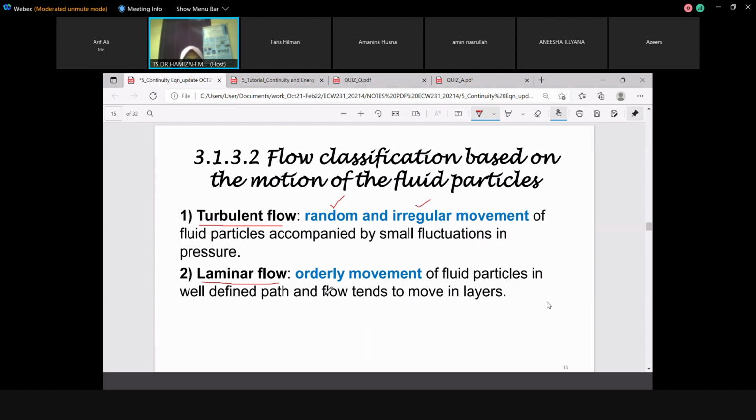Maksudnya bila dia flow tu dia punya wavelength sama, size, velocity also is the same. Okay, and then it can be defined path and flow tend to move in layer. Okay, so sebelum ni you belajar kan, bila ada boundary, dia akan follow the velocity of the boundary. So the velocity of the boundary ni 0. Semakin jauh daripada boundary, semakin tinggi flow. Semakin tinggi dia punya velocity.